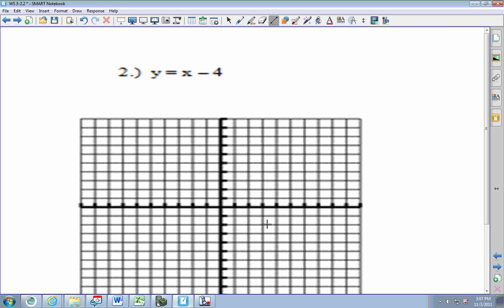Next, here's the next one. Step 1, plot the y-intercept. 1, 2, 3, 4. Put a dot at -4. That's step 1. Step 2 is the slope. Well, what is the slope? There's not a number in front of the x, so that means it's 1, 1 over 1.